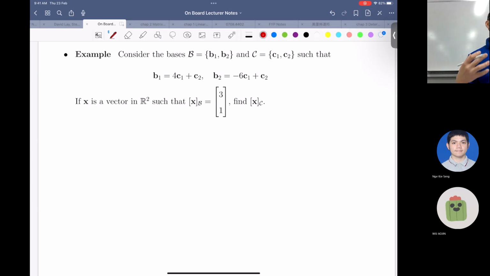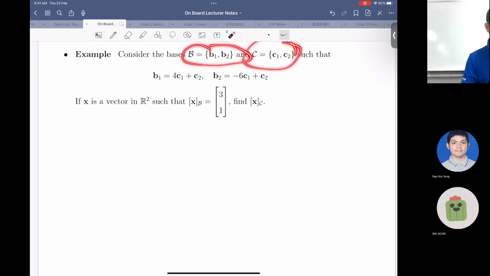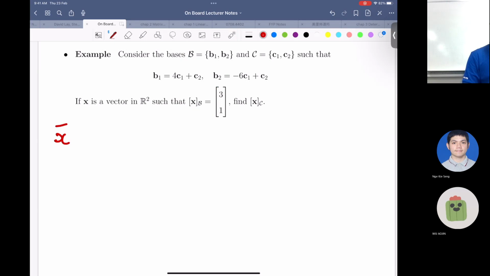The coordinate vector is the coefficients in the linear combination of the basis vectors. Here we have two bases, so with respect to B or with respect to C? B. So it tells us that x is a linear combination of vectors in B. What's the coefficient in front? 3 and 1.